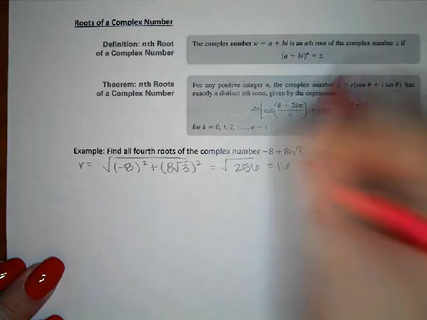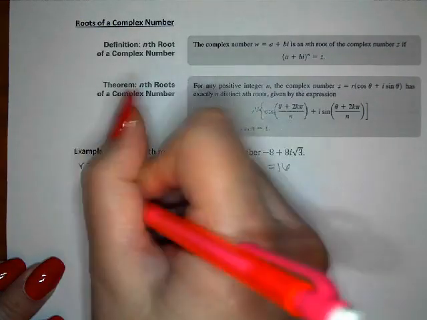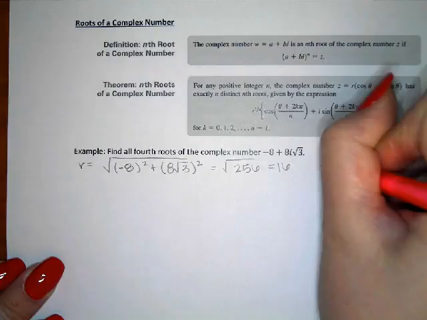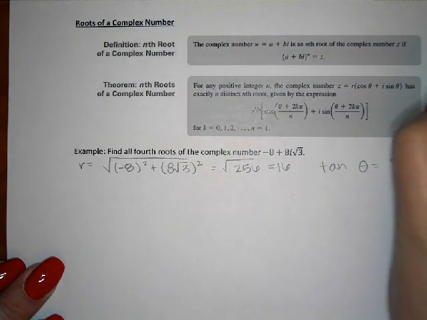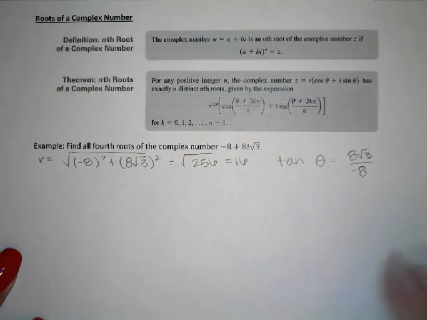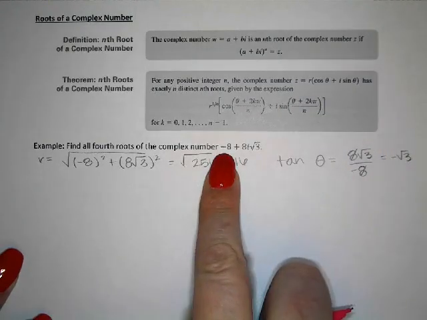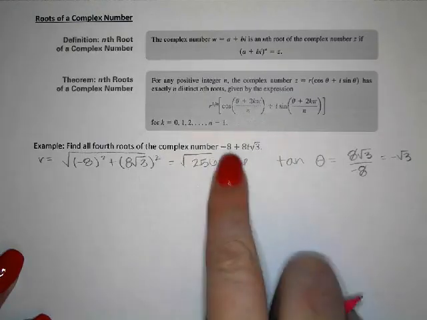And then we would want to figure out what the angle is. So tan theta is going to be 8 root 3 divided by -8. If we were to graph this complex number, we would go left 8 and up 8 root 3.